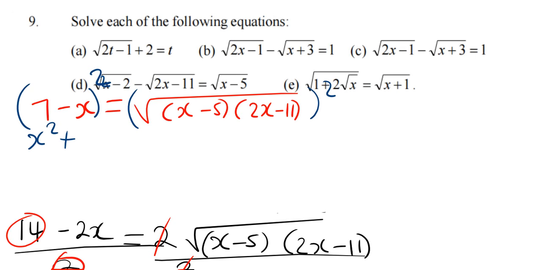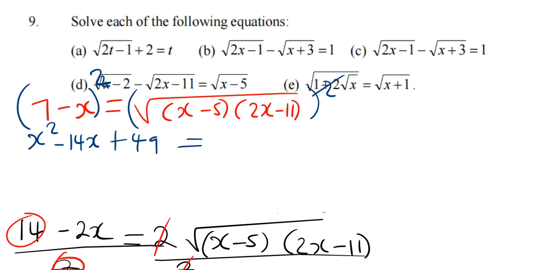The other extreme is 7 squared. 7 squared is a 49. Then to find the middle, 2 multiplied by 7 multiplied by negative x, 2 multiplied by 7, that is 14. 14 multiplied by x, that is negative 14x. Alright, that is what we have on the other side.